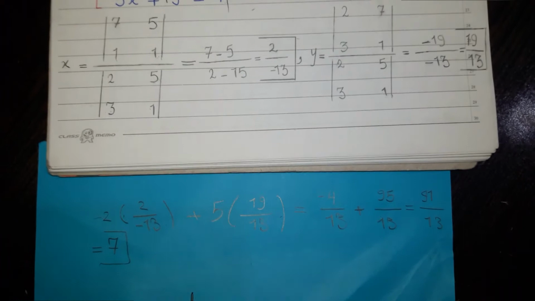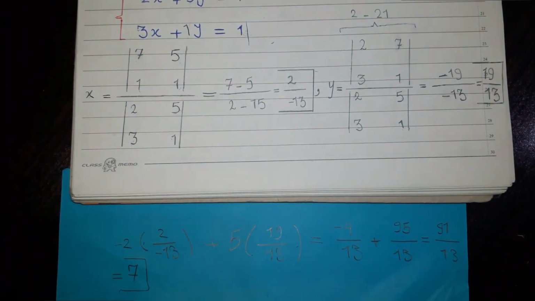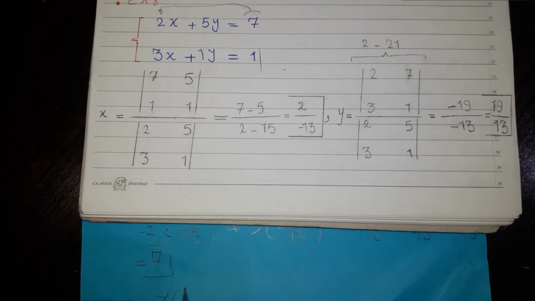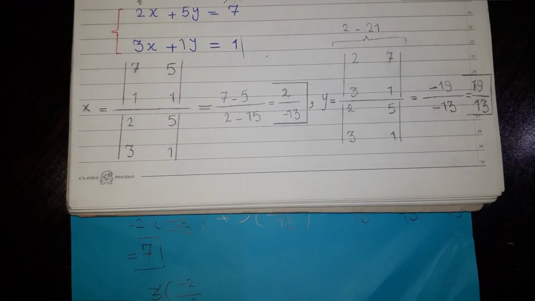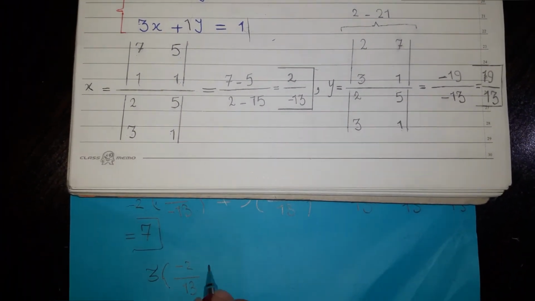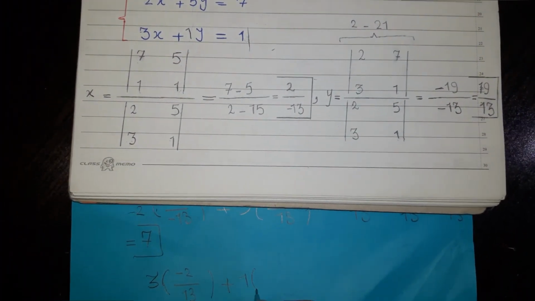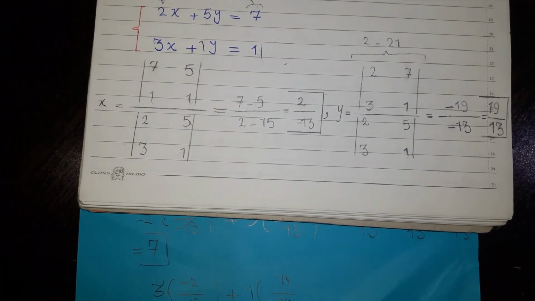In the second equation we have 3 times x, which is negative 2 over 13, plus 1 times y, which is 19 over 13.